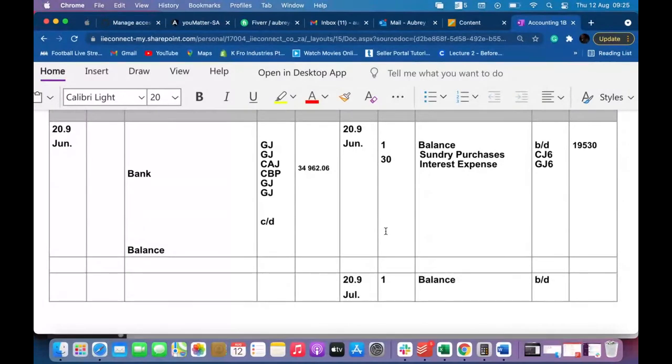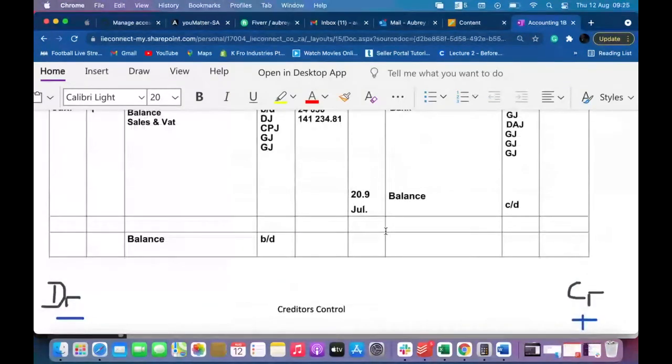Let's go to the next one. Settlement discount granted to debtors in the general journal. Settlement discount granted, so that's obviously affecting our debtors.